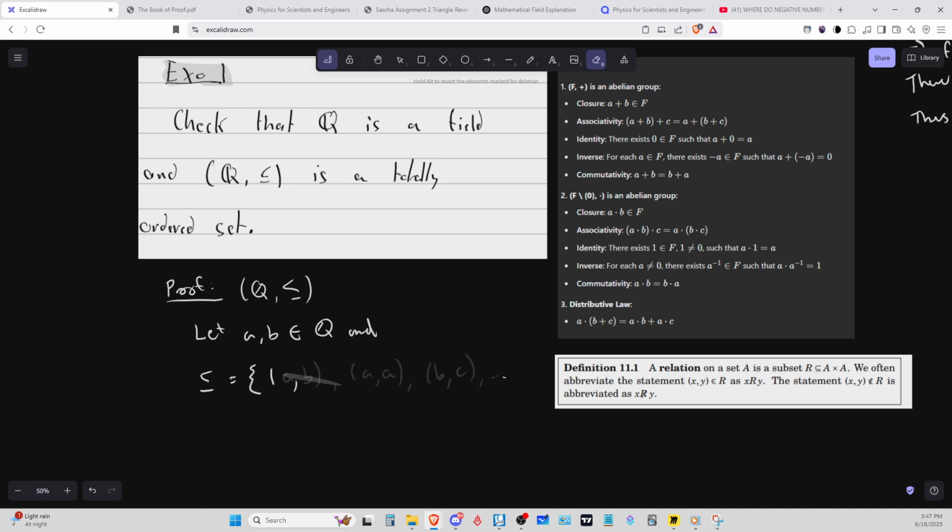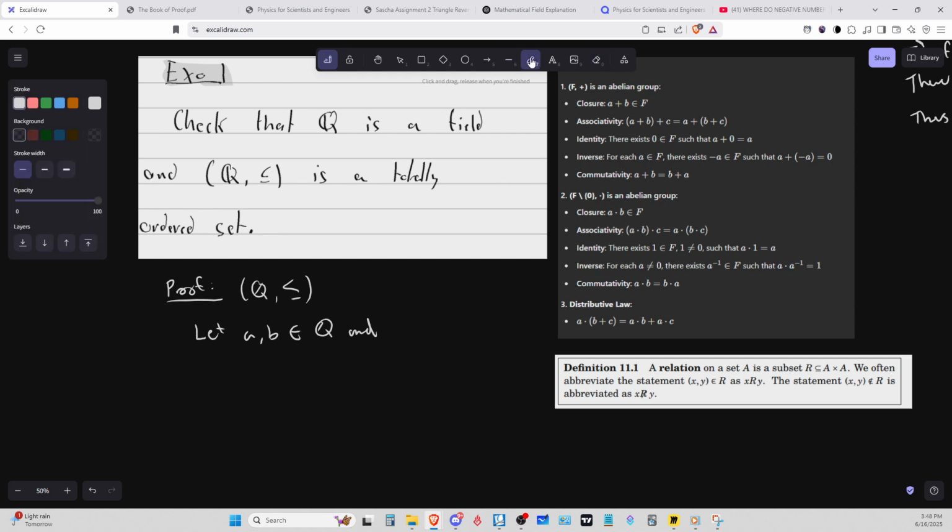The thing of it is that now I have to think about how I should think of this, because this is technically an infinite type of set.